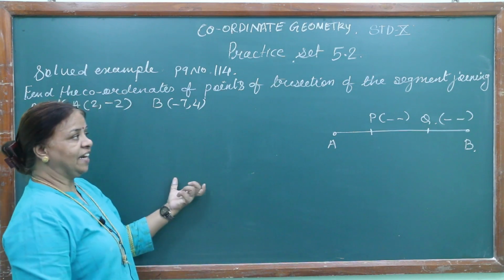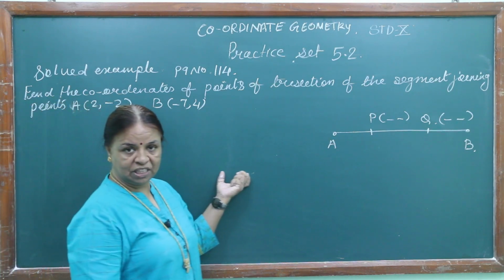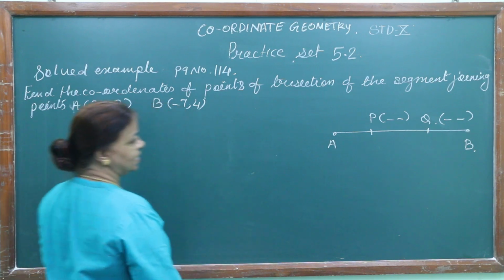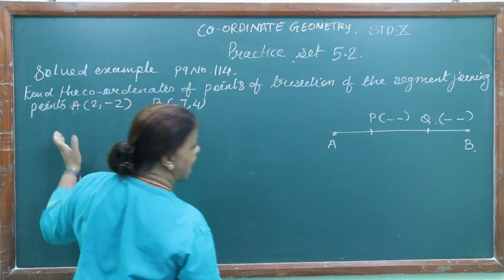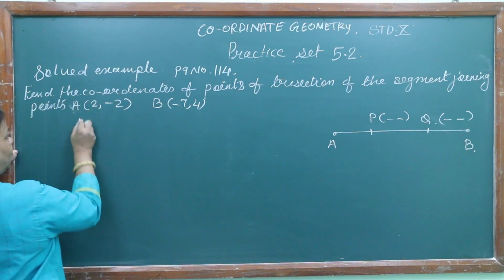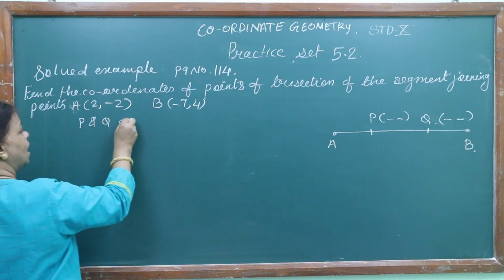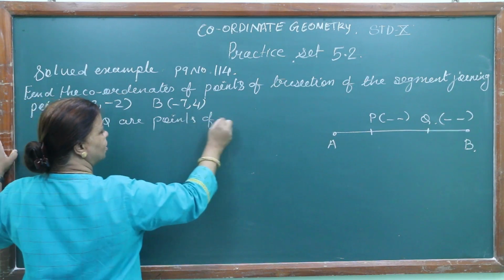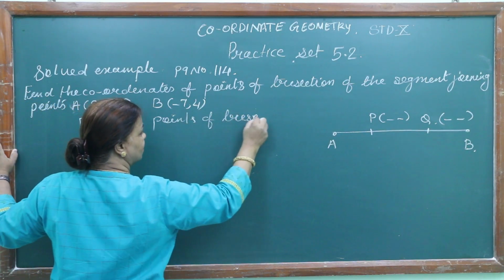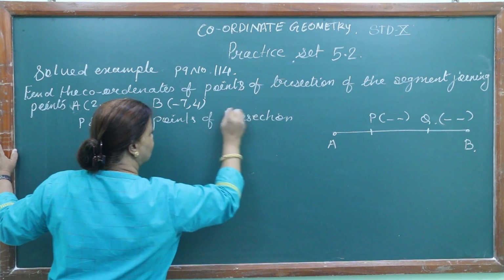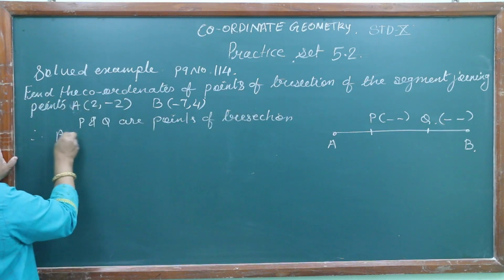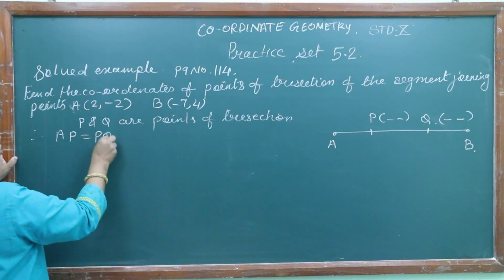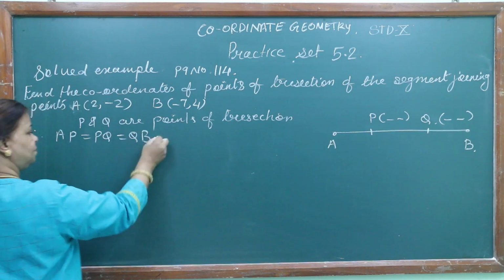Now if they are dividing the line segment AB into 3 equal parts, what can we say about AP, PQ and QB? P and Q are points of trisection, and therefore we can say AP equals PQ equals QB.